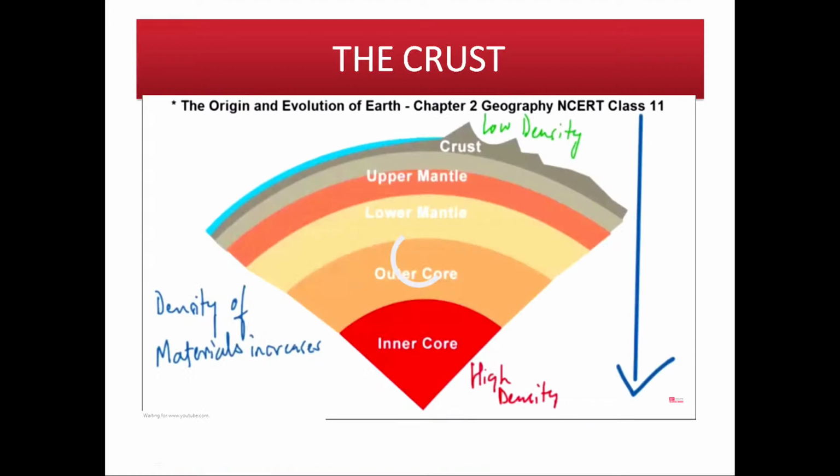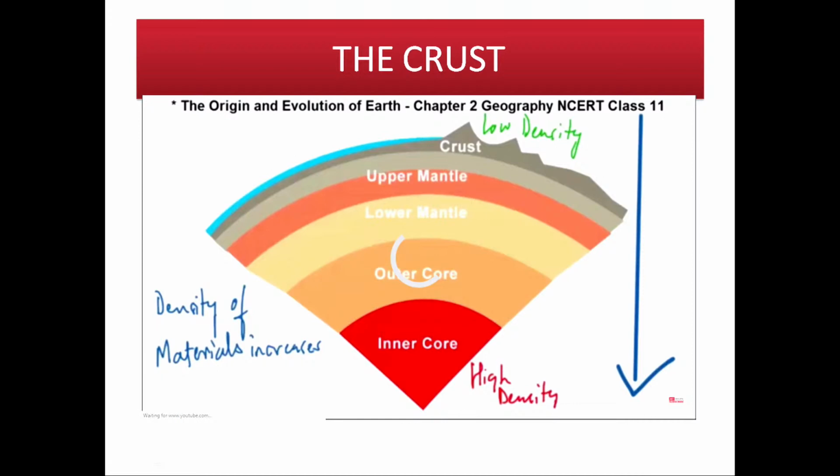Okay. So the first one is the crust, the top layer, which I just discussed. This top layer is very small in depth, from 30 to 90 kilometers. Maximum beneath the mountains, it is 90 kilometers. For example, beneath the Himalayas, it is 90 kilometers deep.